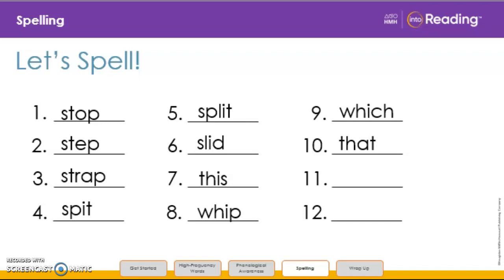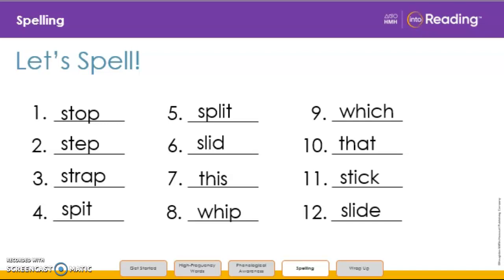All right, the next word is stick. Stick. The dog fetched the stick. Stick. And the last word is slide. Slide. I play on the slide at the park. Slide.